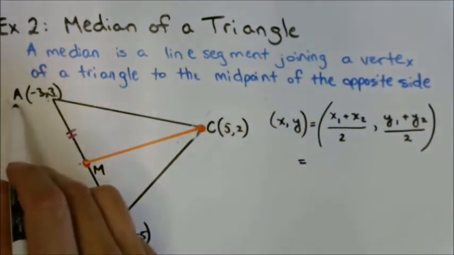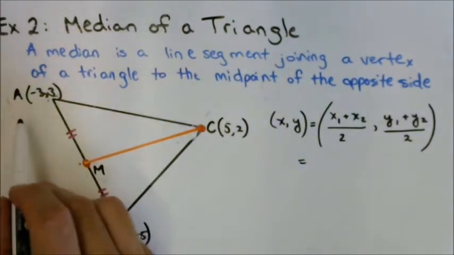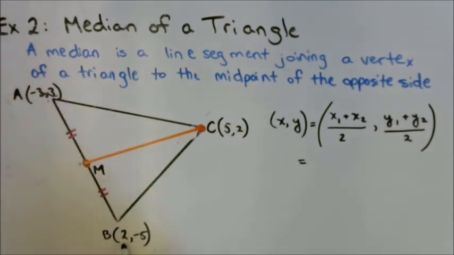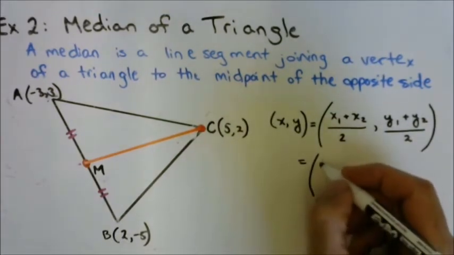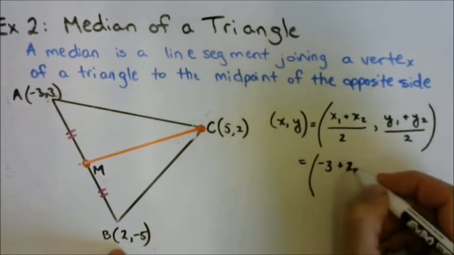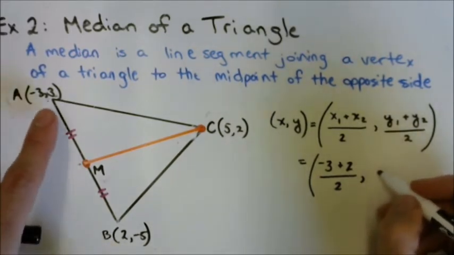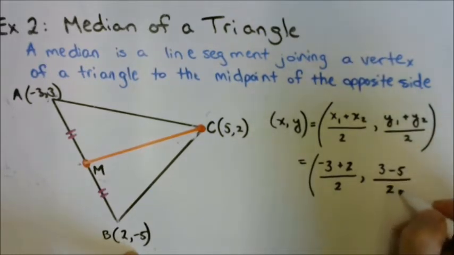And so I'm using the points A and B to find the point M. So let's make point A have x1, y1, and point B can have x2, y2, and we'll sub in those values. So for our x coordinate, we get negative 3 plus 2 over 2. And for our y coordinate, we get positive 3 plus negative 5. That's the same as minus 5 over 2.